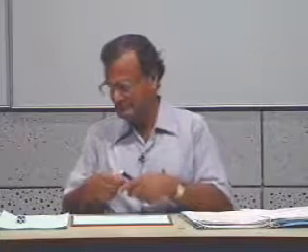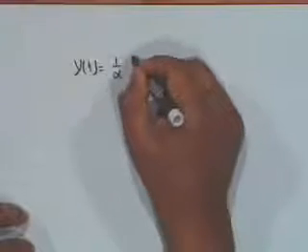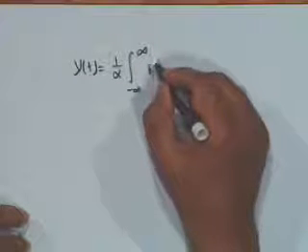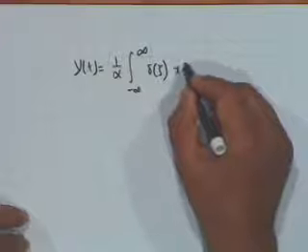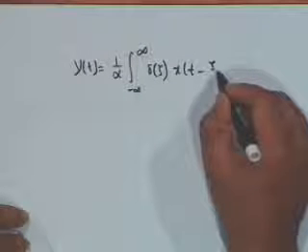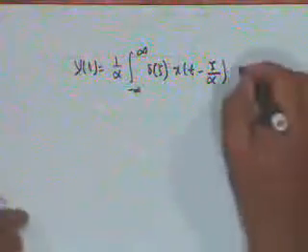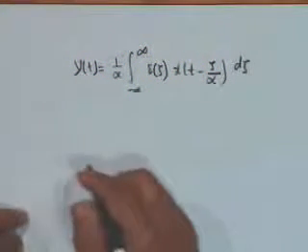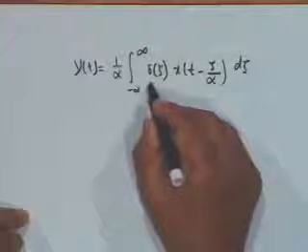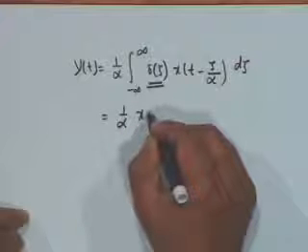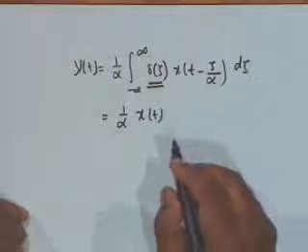In other words, y(t) becomes equal to 1 over alpha, integral from minus infinity to plus infinity, delta(zeta) x(t minus zeta by alpha) d zeta, alpha I have taken out. Now we argue that this function exists only when zeta equals 0. In other words, this is 1 by alpha x(t). This is the correct answer.